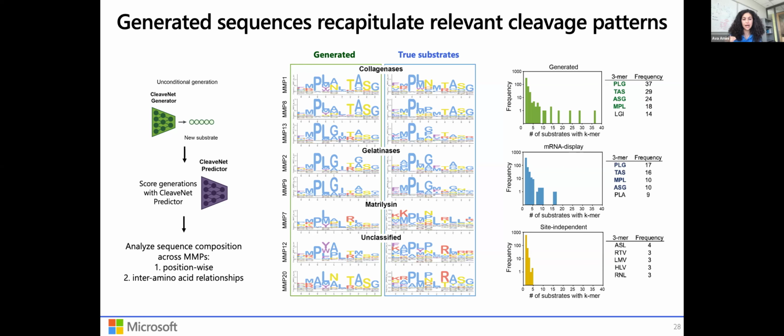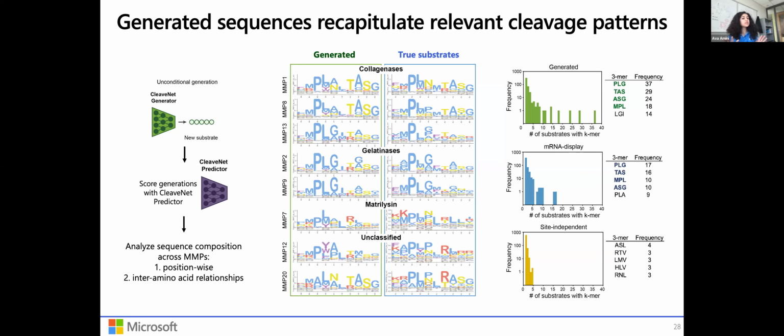And here I think this example illustrates it really well, that even with unconditional sampling, our CleaveNet model is able to pick up on these canonical determinants of MMP efficiency and specificity, whereas samples from the site-independent baseline are completely missing these core components that are driven by these key inter-amino acid relationships.